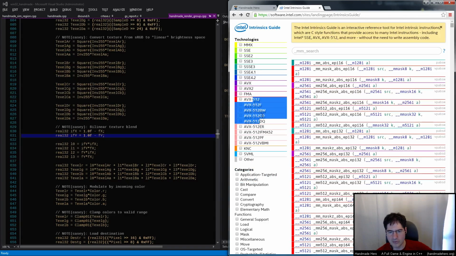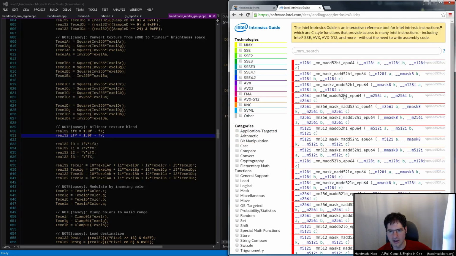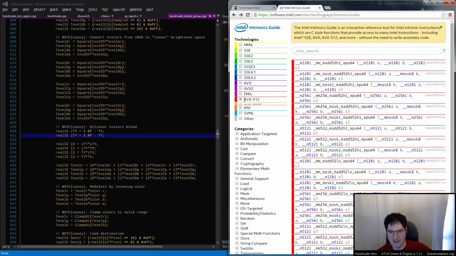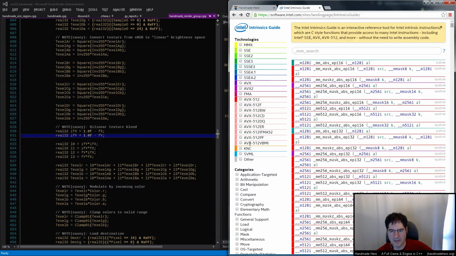Point being, I don't know what any of this stuff actually means. For example, if this is a caps bit, you would have to check on the processor. And then if it had it, you could issue MAD 52 high, right? And if it didn't, you couldn't or something. Because that's just crazy if that's true. I hope that's not what the rest of these mean.